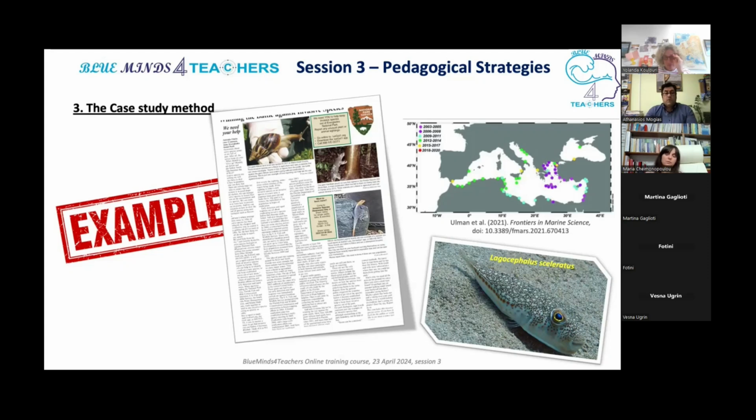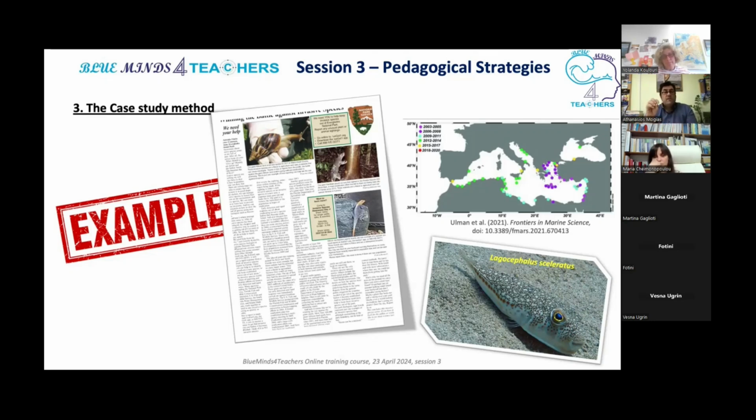For example, we could discuss the fact that these species are released from the ballast waters of ships. But this is something that is common all around the globe. What is happening in the Mediterranean and what makes the Mediterranean Sea different in terms of alien species?